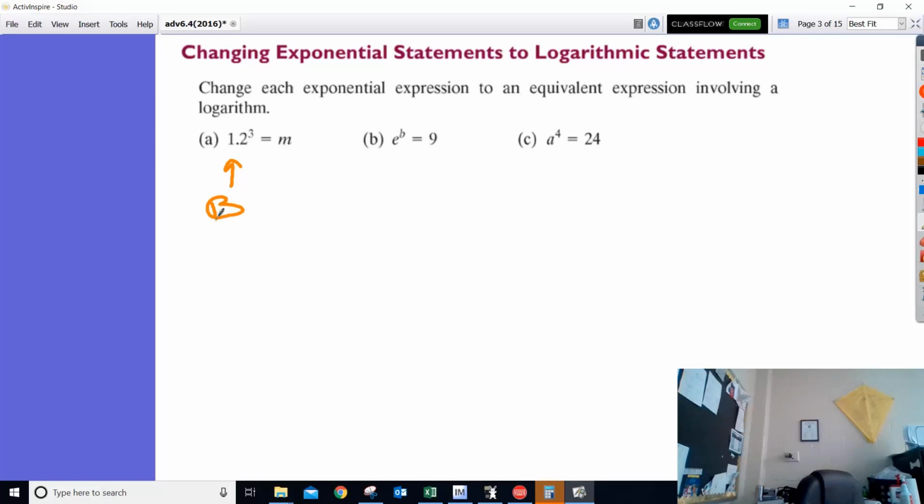Because it has an exponent. Bases have exponents. Speaking of that, what's that 3 represent to you? The exponent. And the m on the other side of equality would be the argument or the answer. It's the answer of the exponential expression, which becomes the argument of the logarithm.